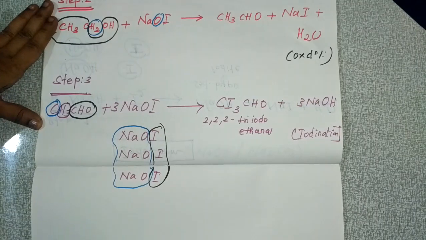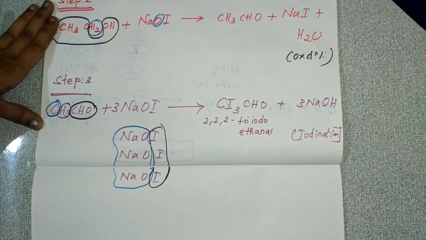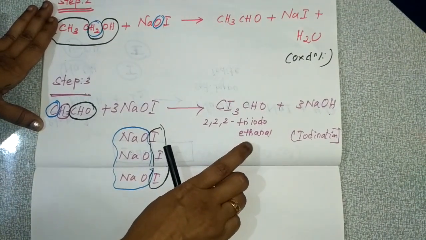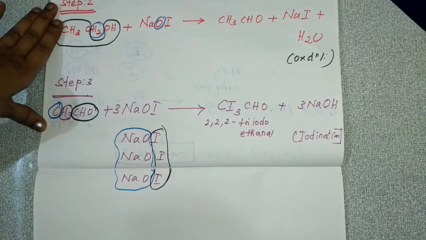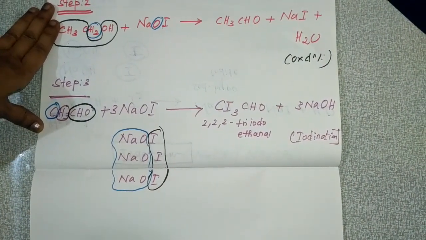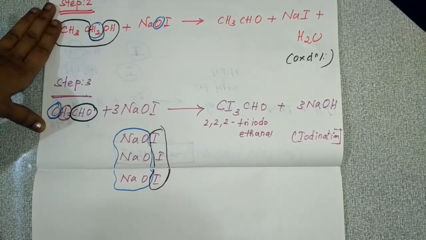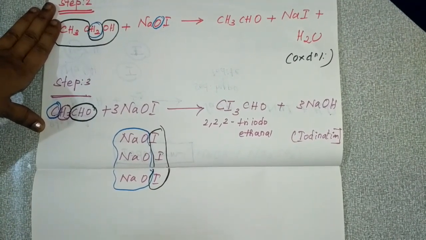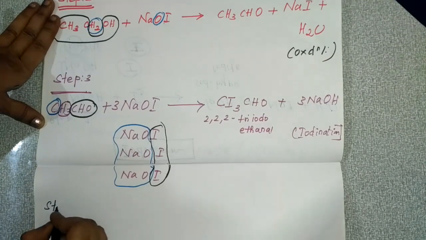And the fourth step is the hydrolysis step. The formed triiodoethanol will undergo hydrolysis by means of the sodium hydroxide to give iodoform. So I'll write step 4.